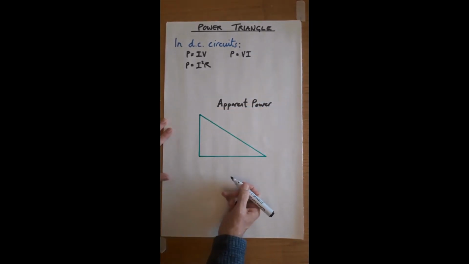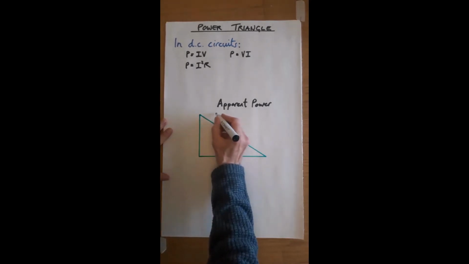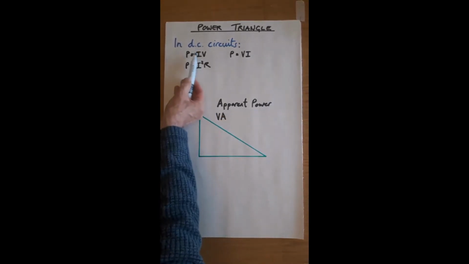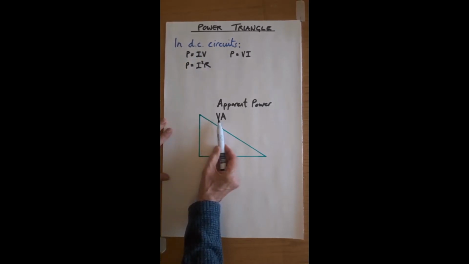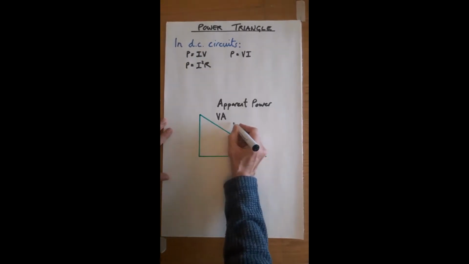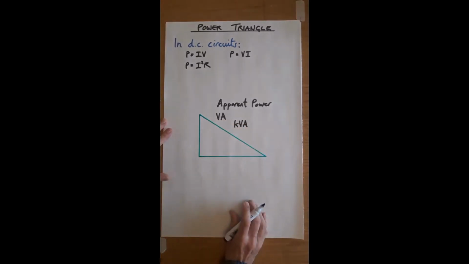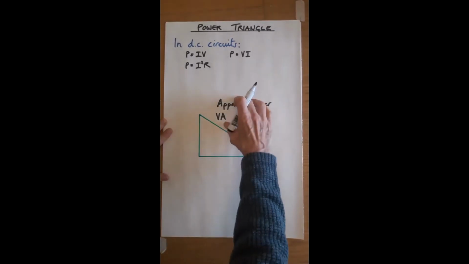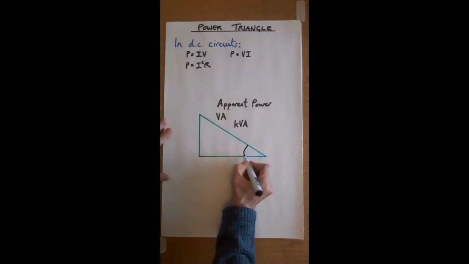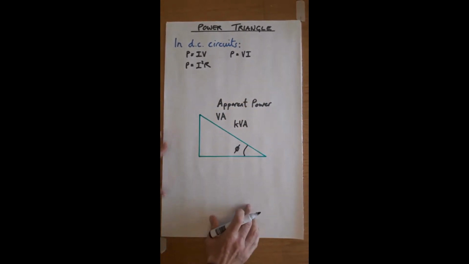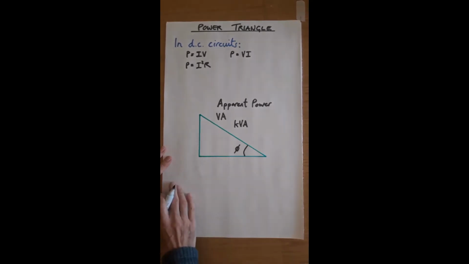And apparent power is what we call volt-amperes, VA, literally multiplying the voltage and the current together. More normally, we would say kVA. Okay, the problem with this is it ignores the power factor. Power factor is crucial in an AC circuit, and just multiplying voltage by current ignores the power factor, so it will give us an error.